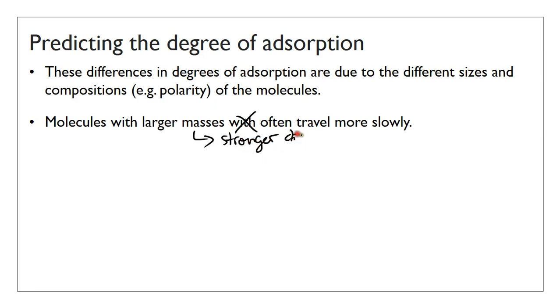Or you can just say if something is rising up, it's going against gravity, so if it's larger, it's going to be harder to do that. I'm not going to go into gravity and everything, but if you need an explanation, you can use dispersion forces. Larger molecules have more electrons, so they can form stronger dispersion forces with a stationary phase.